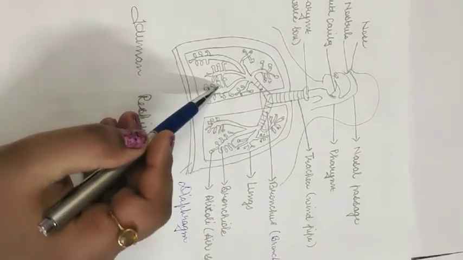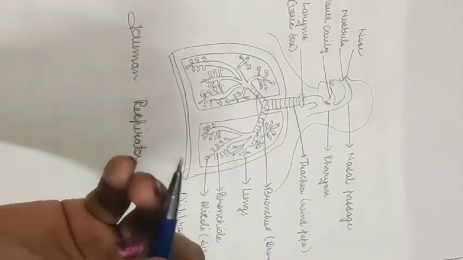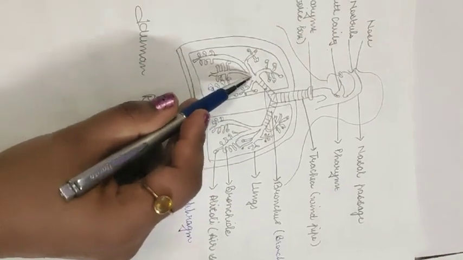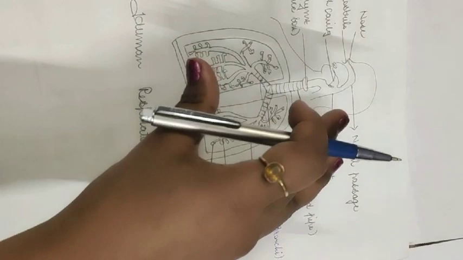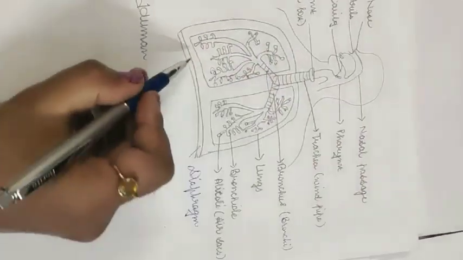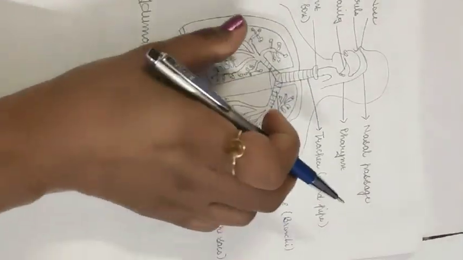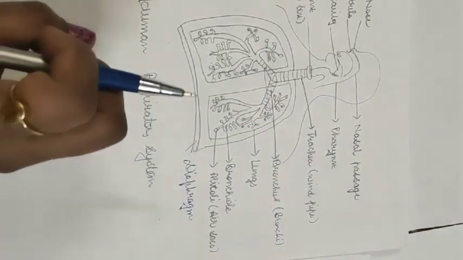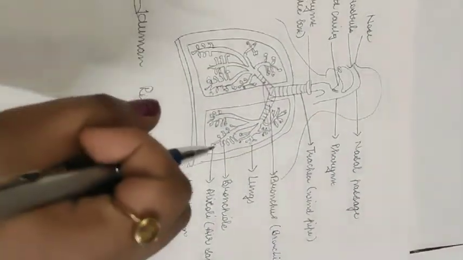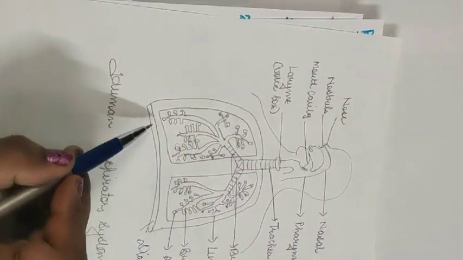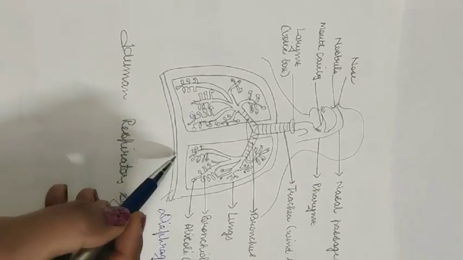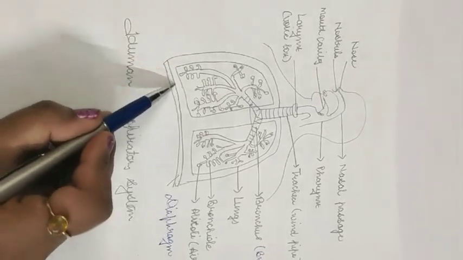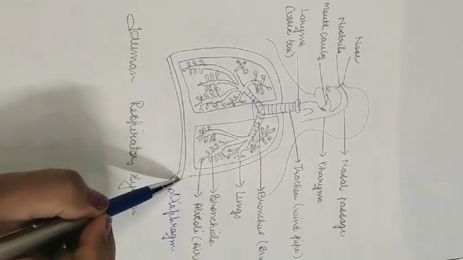Our lungs expand when we breathe in. The lungs are inside the rib cage, which protects the lungs. At the end of the rib cage there is this ending which separates our lower portion. It's called the diaphragm.